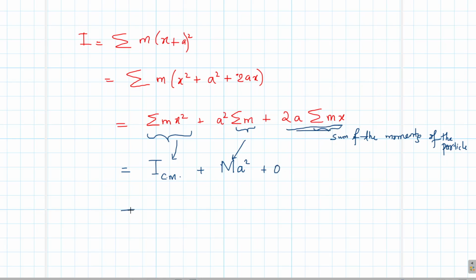So I can write the final expression as I is equal to, I is the moment of inertia of the body about this axis AB. It is equal to moment of inertia of the body about the axis passing through the center of mass, plus mass into a square. So this is the parallel axis theorem. So we have proved the parallel axis theorem by assuming the basic concepts.